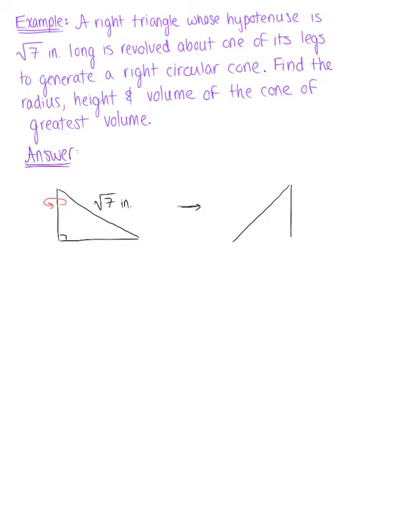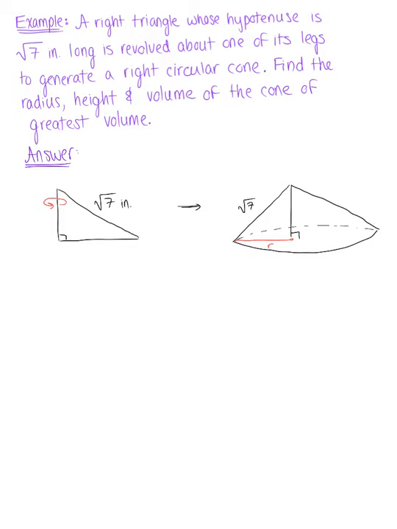In revolving it, we create not a right circular cylinder, we create a right circular cone. From the center point to any point on our circle is the radius, and the slant side length here is the square root of 7.